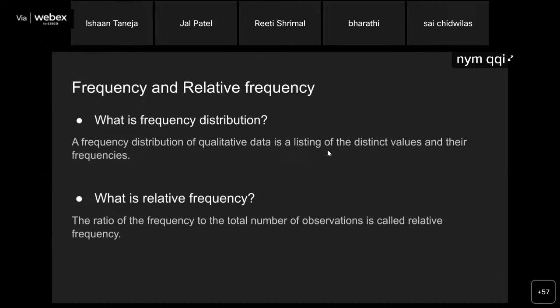Suppose I have three categories. If my first category is occurring 5 times, second is occurring 7 times, and third category is occurring, let's say, 2 times, I will write down my three categories in the first column, and in the respective column, I will write their frequencies.